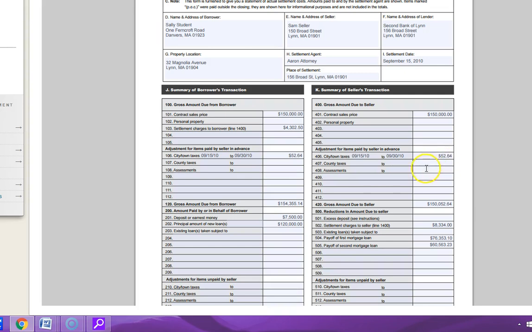Okay? And then what you do is you take your annual tax bill, which you can get from the Patriot Properties website for the City of Lynn. You divide it by 365. You get a per day charge, if you will. In other words, you figure out what the taxes are on the property per day. And then you count up the number of days between September 15th and September 30th. Okay, and the buyer pays for the 15th.